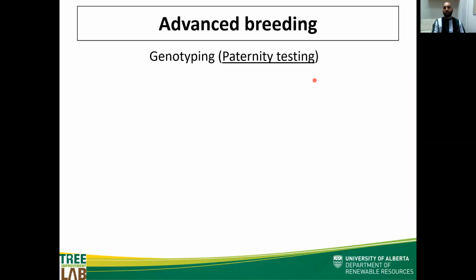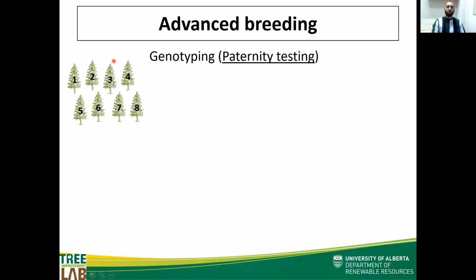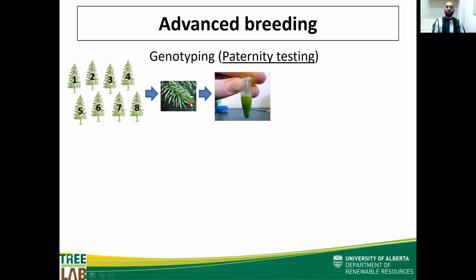Genotyping is the same as saying paternity testing, and this is how it works. Let's imagine that we have 8 trees that we want to genotype, and we want to know the relationship between them. So we collect the needles, we extract the DNA, and we will be using this SNP chip to understand the DNA and to understand the relations between them.